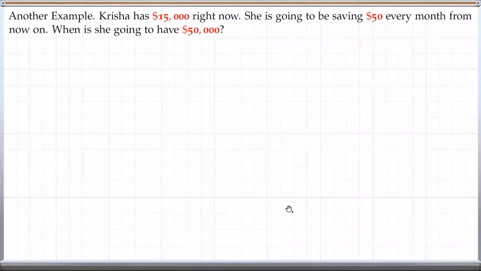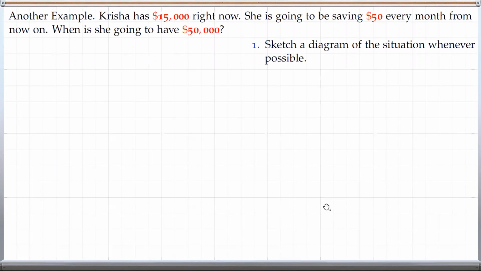Let's look at the next one now. Krisha has $15,000 right now. She is going to be saving 50 every month. From now on, when is she going to have 50,000? So we need to find the number of months when she is going to have 50,000. So again, we try to draw a diagram if possible at all.